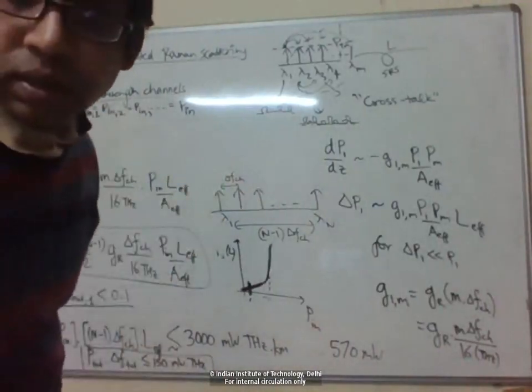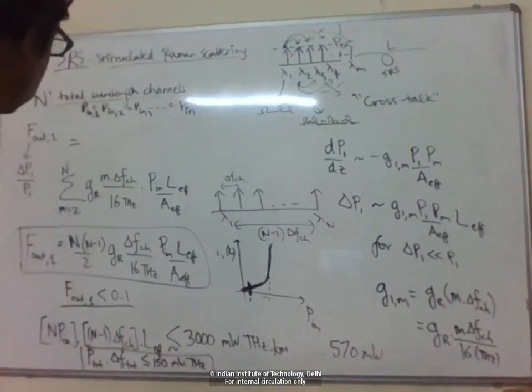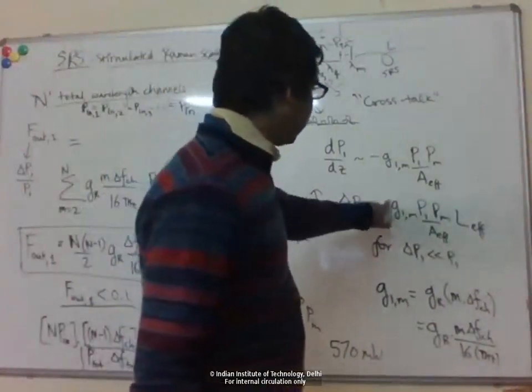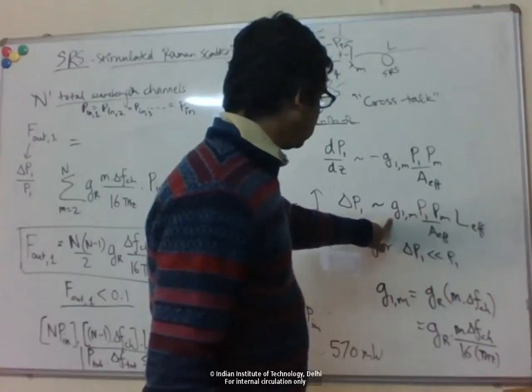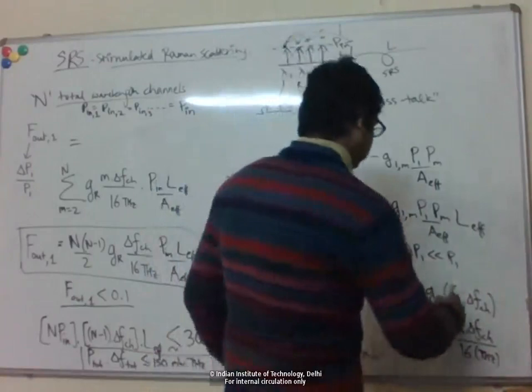Sir, in G1M, why we have not written M-1 delta FCH? G1M, sir. G1M what? Yeah, so what? Sir, G1M, M-1 into delta FCH. Like here we have N-1. Yeah, I guess.